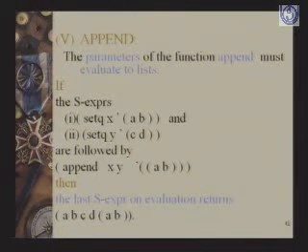Let us have an example for this one. Please look at the slide. For example, we associate the list AB, quoted list AB, with X. So setq X quote AB, what does this do?